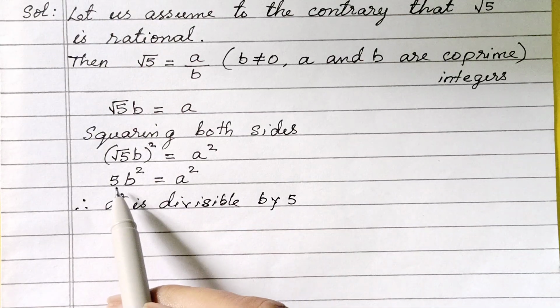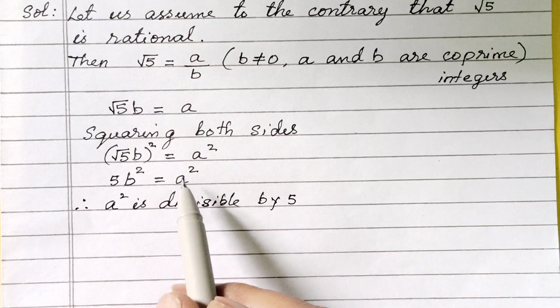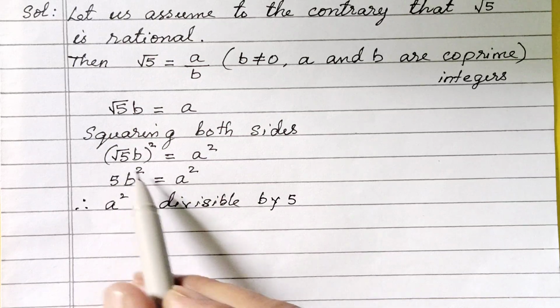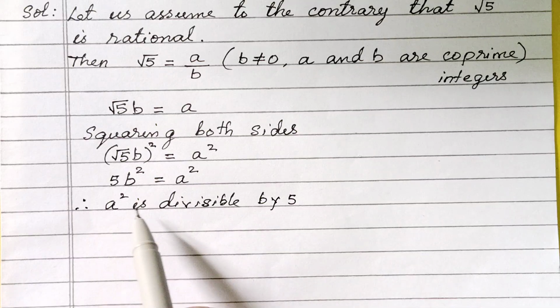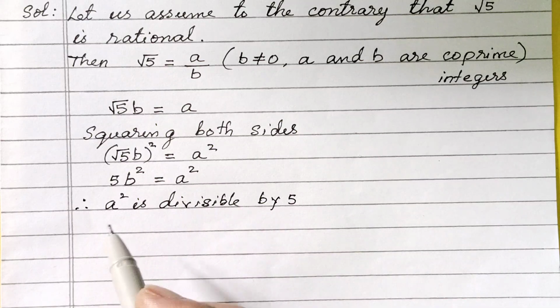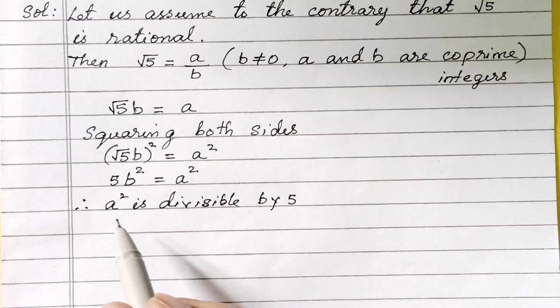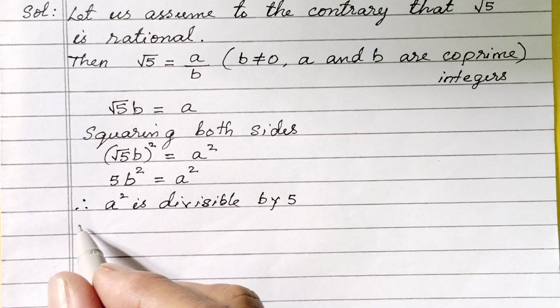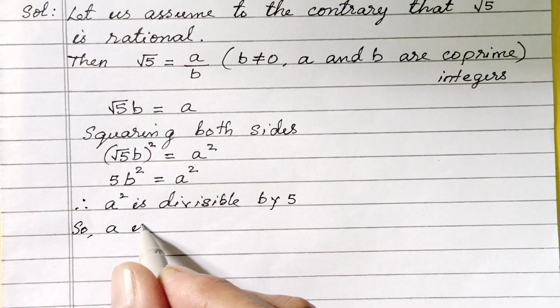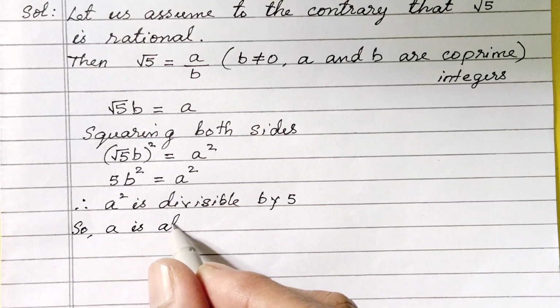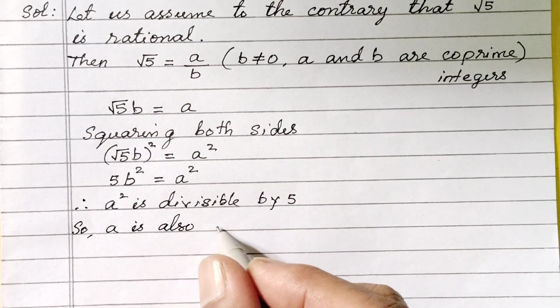Here we got 5 into b square is equal to a square, so a square will be a multiple of 5. When a square is divisible by 5, a is also divisible by 5.